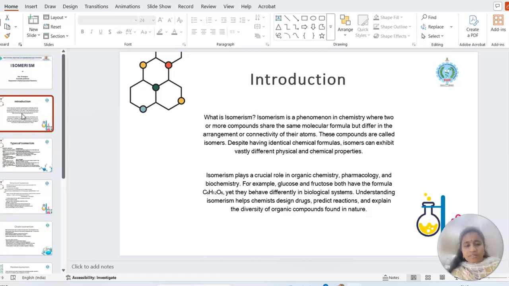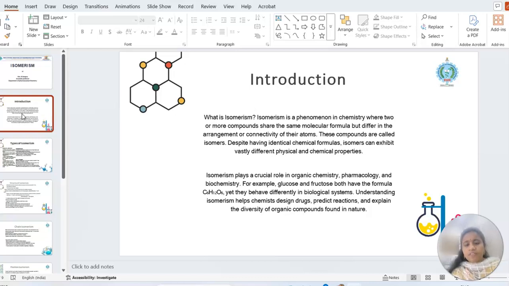Isomers are compounds having the same molecular formula but different physical and chemical properties. Why are we studying isomerism? Isomerism plays an important role in organic chemistry, pharmacology, and biochemistry.